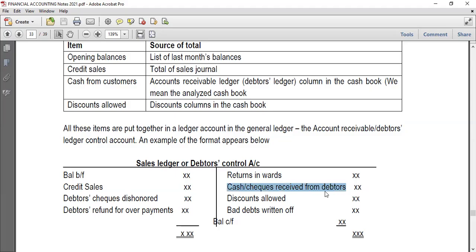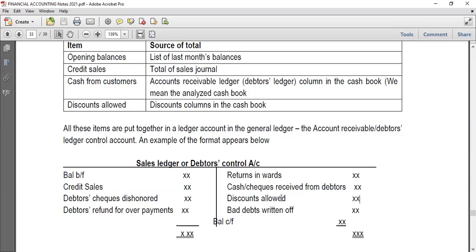Every time a debtor pays us, definitely it means that they're reducing the balance, okay? And this check could be paying our balance brought forward, maybe from the previous period. It could also be relating to credit sales, whatever we've sold within the period. So any cash or check that is received from the debtor actually reduces your debtor's balance, okay?